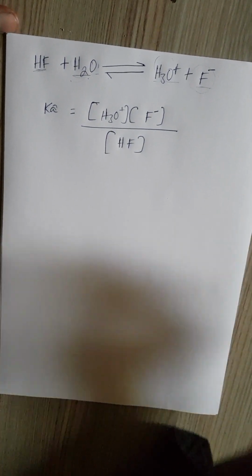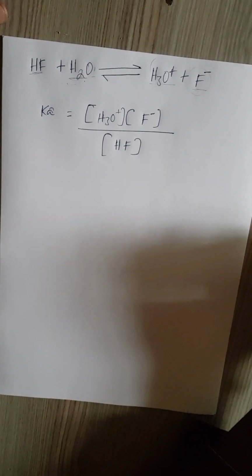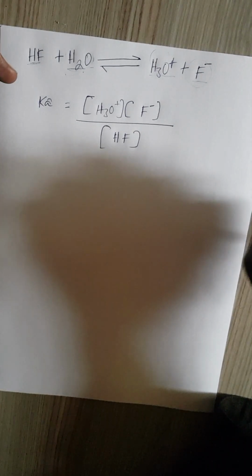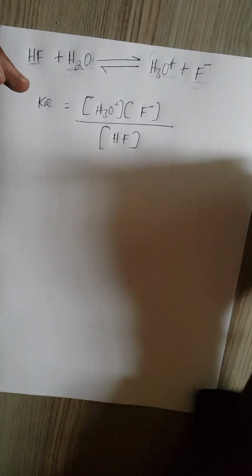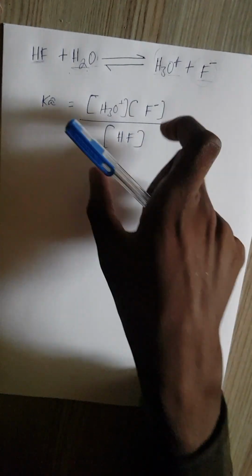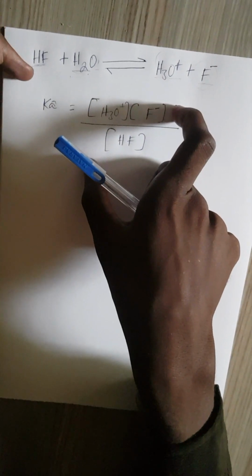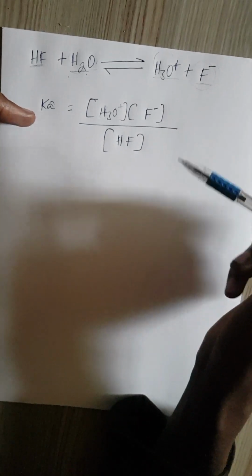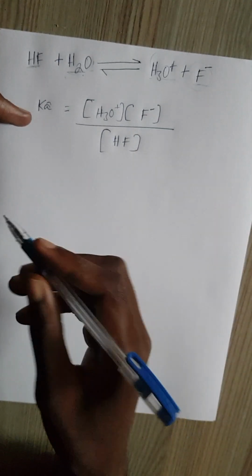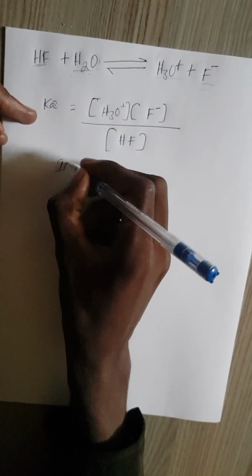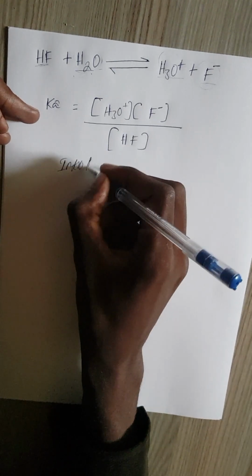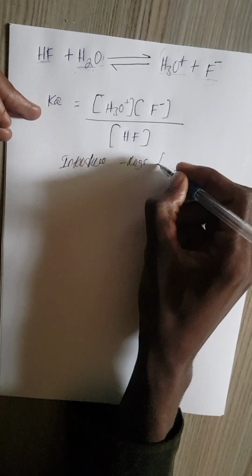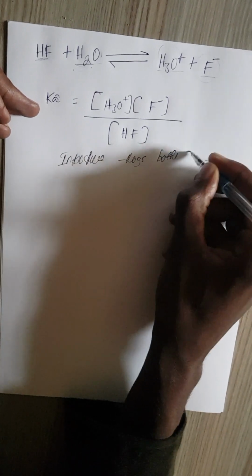Then from here we are going to introduce logs. First, before we do that, we know that the properties of log can help us break this down. So we introduce negative logs to both sides.